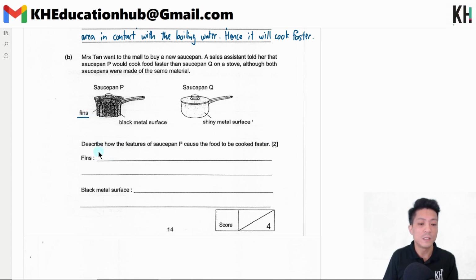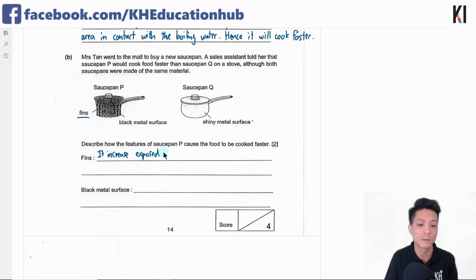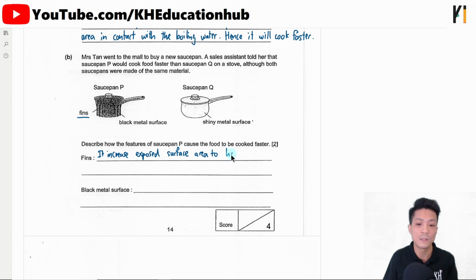So the fins will increase the exposed surface area to heat.